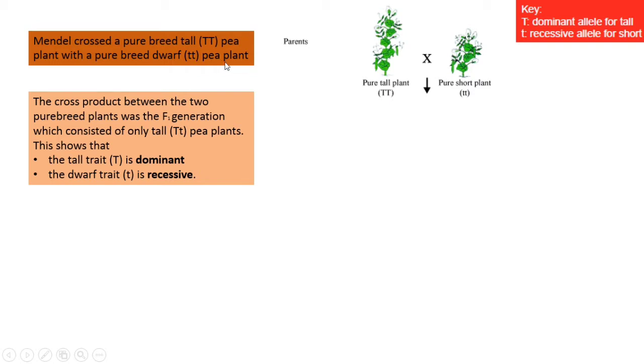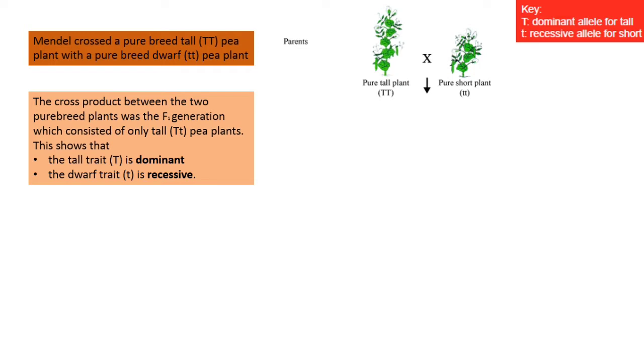Mendel started from purebreed plants, tall represented by capital T, and purebreed short plant, small t. The cross between the two purebreed plants was the first generation, which consists of only tall plants.